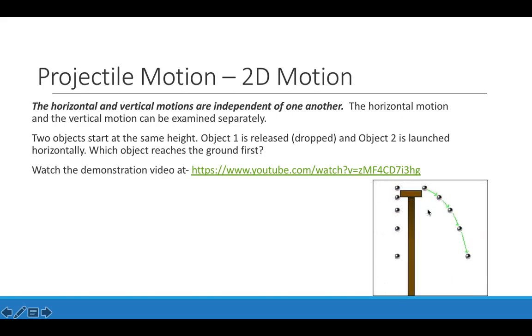This object has no vertical velocity to start with, so they both fall at the same rate. Now the one on the right has horizontal velocity, so it's going to be projected off at some angle, but they still reach the ground at the same time. You can watch the YouTube video. I'm not going to pull that up here, and you can see the actual demonstration done.